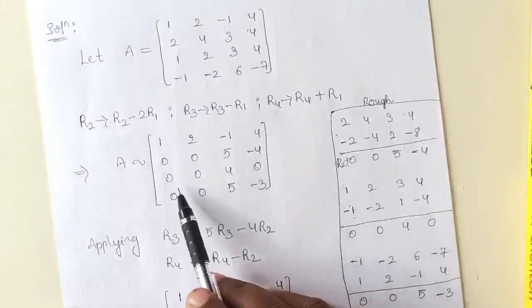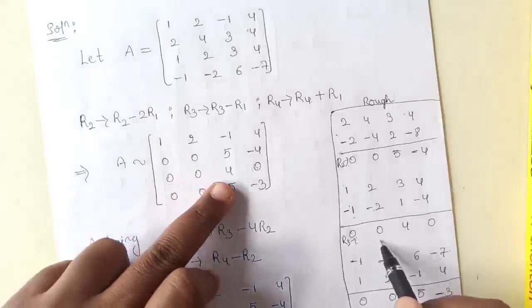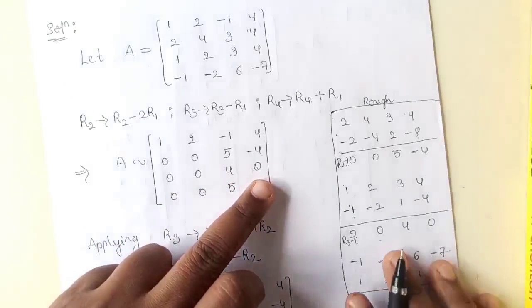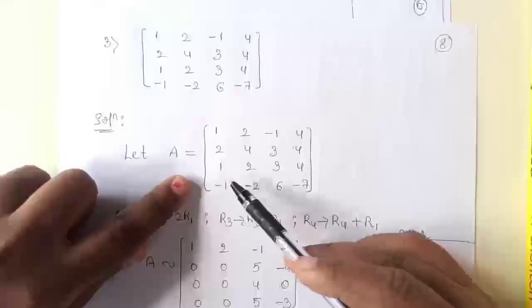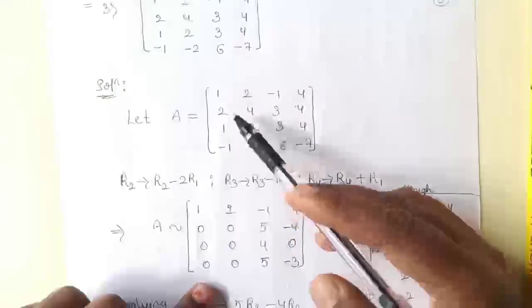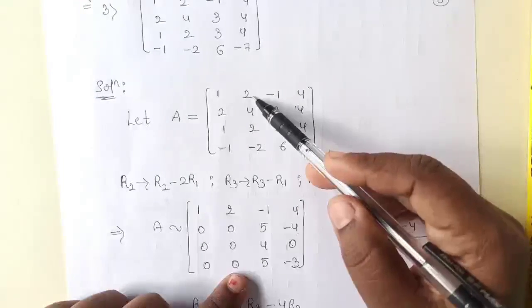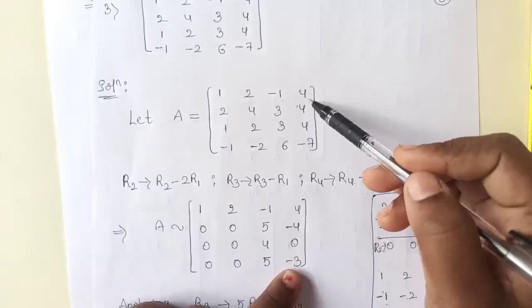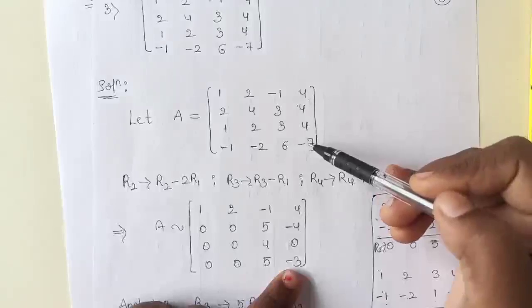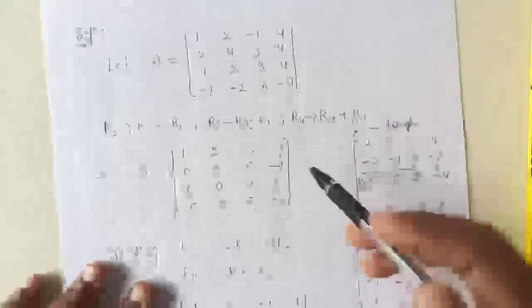Thus the new entries of R3 are 0, 0, 4 and 0. Like this we can calculate R4 plus R1. Minus 1 plus 1 equals 0, minus 2 plus 2 equals 0, 6 minus 1 equals 5, minus 7 plus 4 equals minus 3.